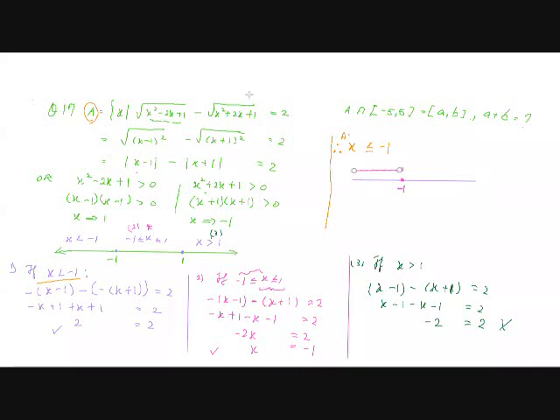Then draw the arrow. So this is A, this is set A. Now intersect with -5 to 5. So -5 here and 5 here, and you draw it up here.